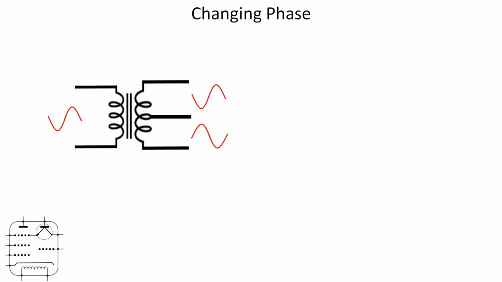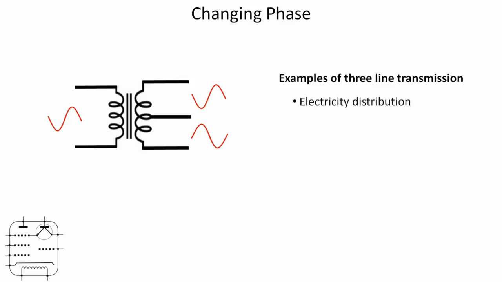Now that is sometimes referred to as 3-phase. That's because there's also a phase between the top and the bottom connectors, but again we won't go into the detail of that today. But it's incredibly common. Examples of that 3-line transmission include electricity distribution. Next time you drive past a pylon, you may have already noticed they quite often have 3 wires on, sometimes 3 each side.